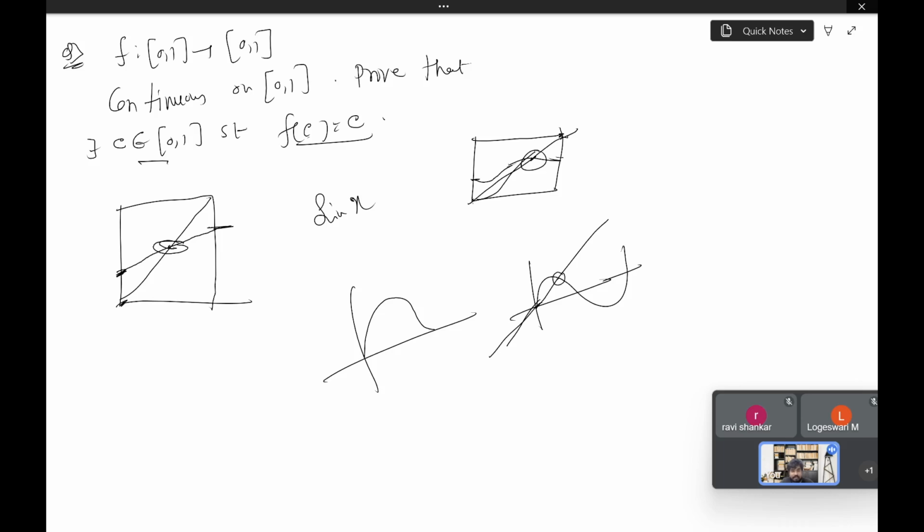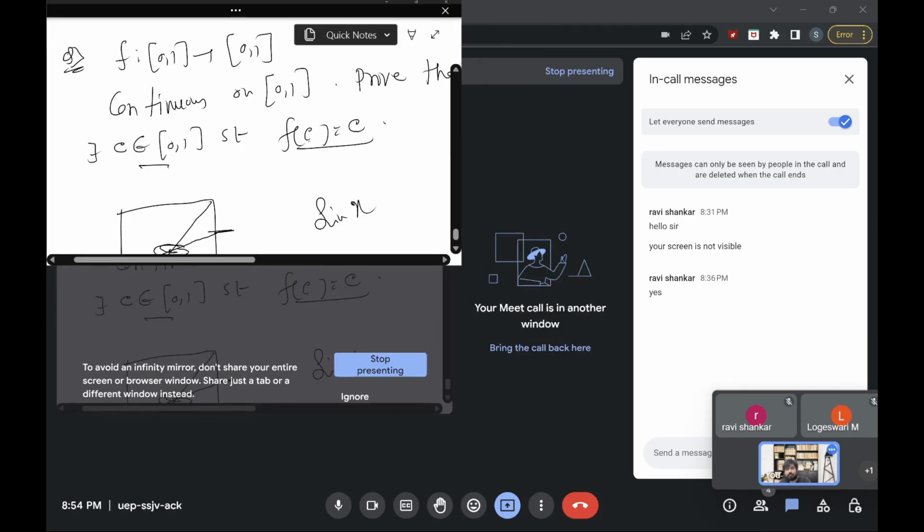So anyway, there is one intersection, correct? At least in the first portion, there is one intersection, correct? Yes, sir. Understood? Yes, sir. Okay. So how to prove it?